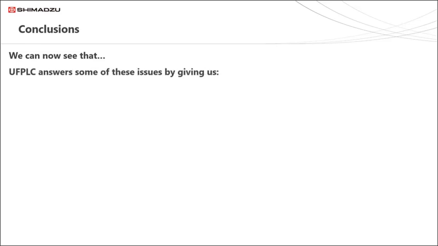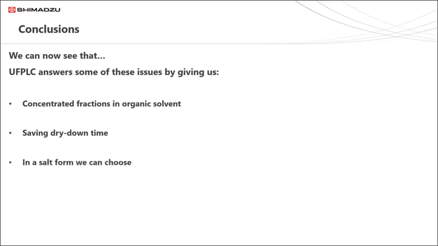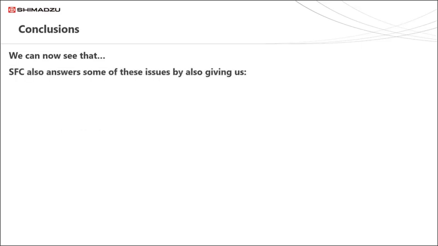UFPLC does answer some of these issues by giving us concentrated fractions in organic solvent, saving dry down time, and we also get our compound in a salt form that we can choose with increased purity.